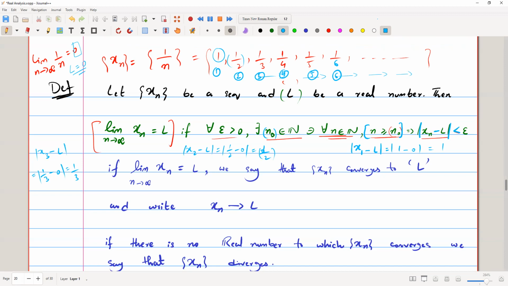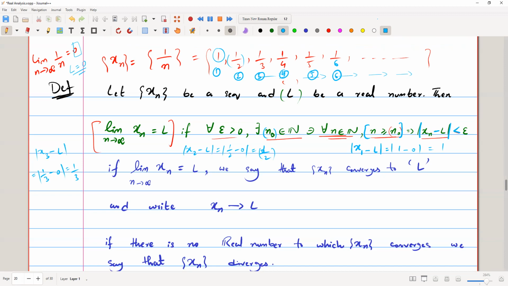So the definition simply says that as we go bigger and bigger, farther and farther, the distances are becoming smaller and smaller. And if the distances are becoming smaller and smaller, then obviously they are going to converge somewhere.